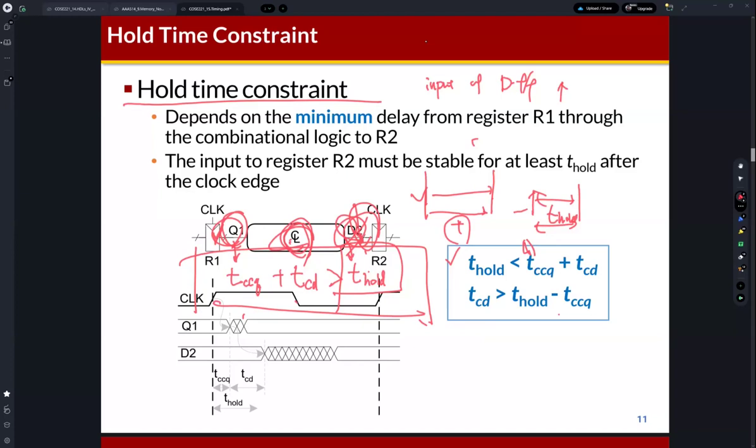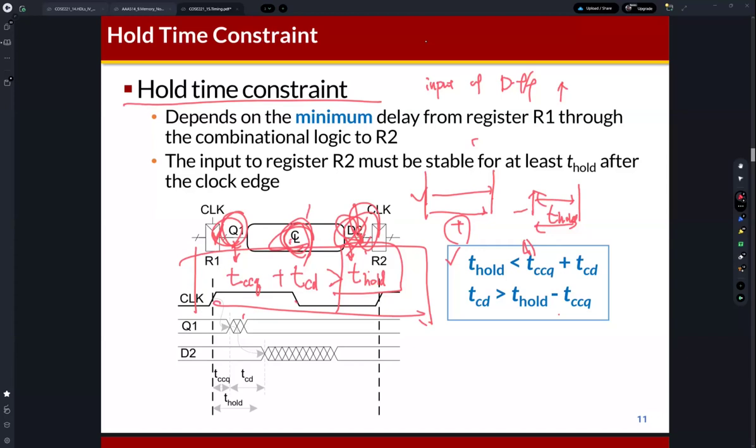And if this minimum delay is too short, too low, we need to increase the delay of this combinational logic in order to meet the hold time constraint. It's also important.